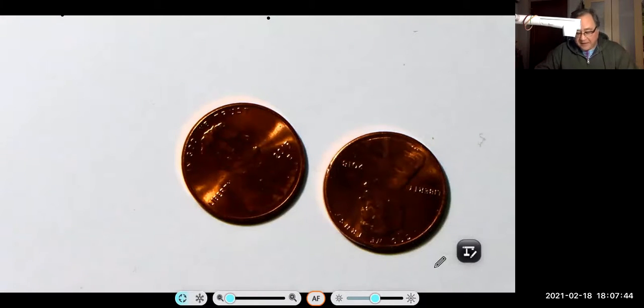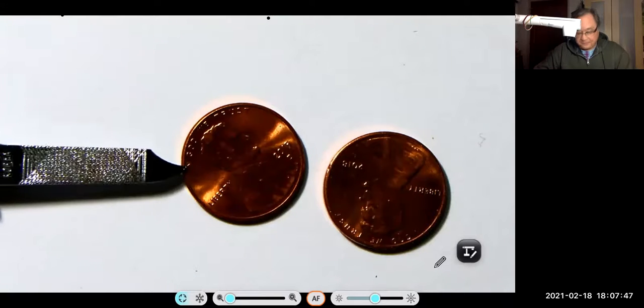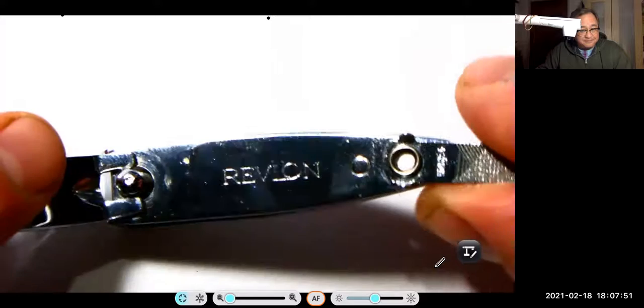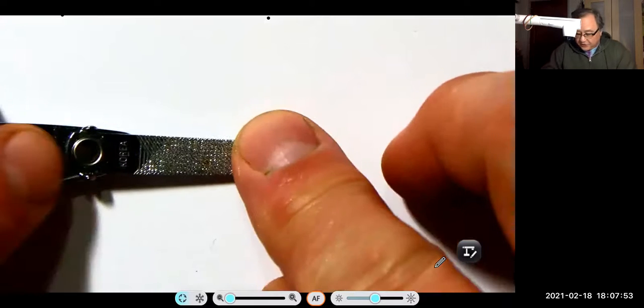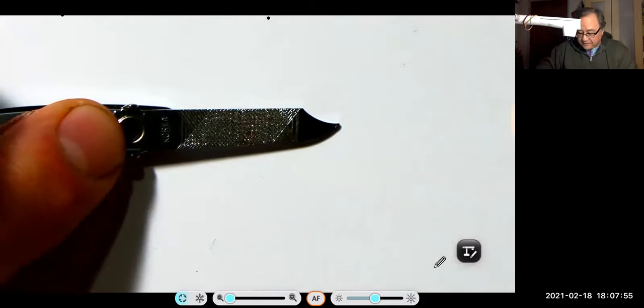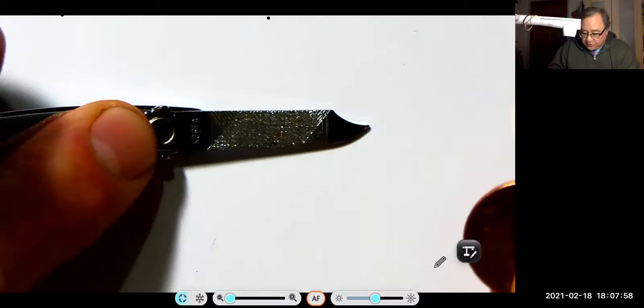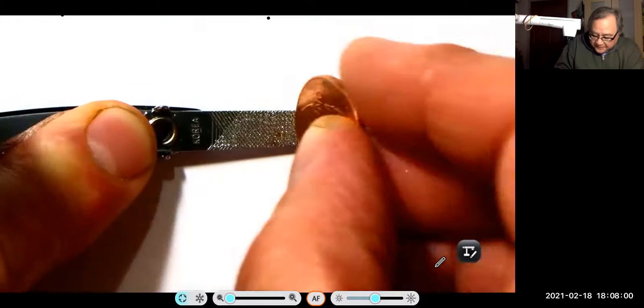So here I have a nail file with some clippers. And I just want you to take the penny and rub the edge of the penny.